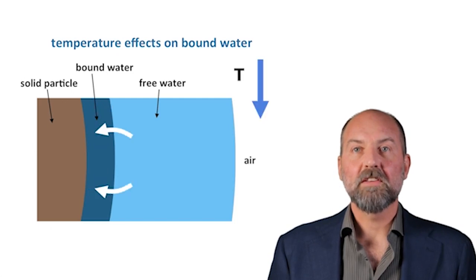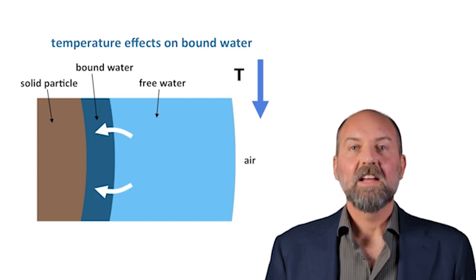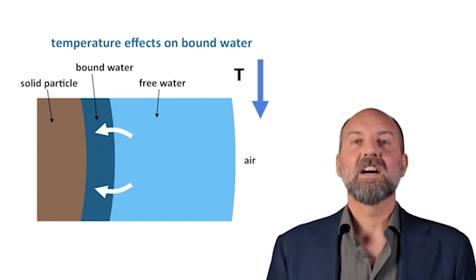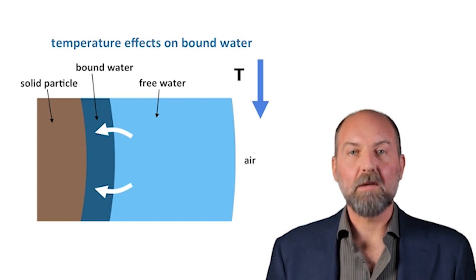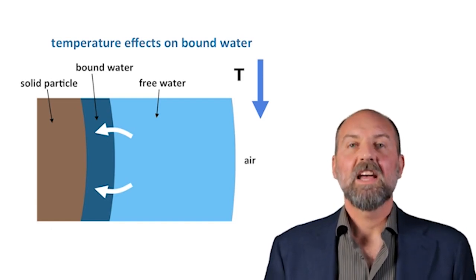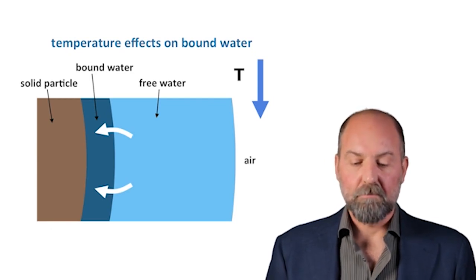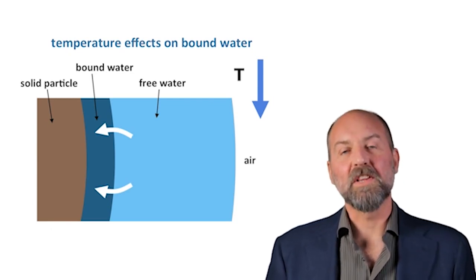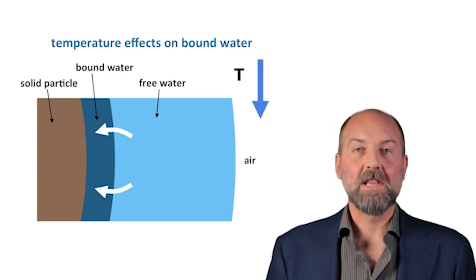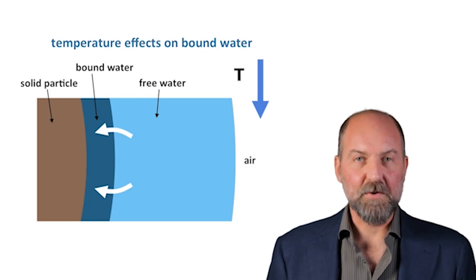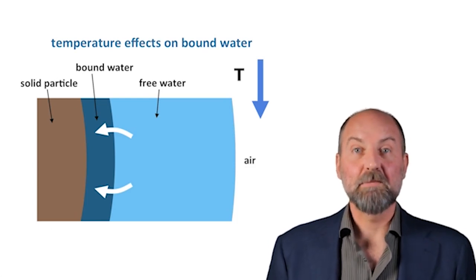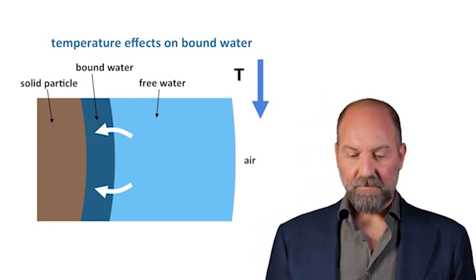Likewise, when temperature goes down, those attraction forces become more pronounced, and that means that more and more water behaves as bound water, or in other words, more and more liquid water becomes frozen water, which is what typically happens when temperature goes down.